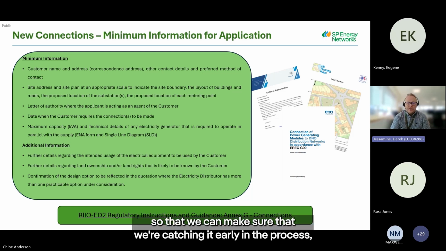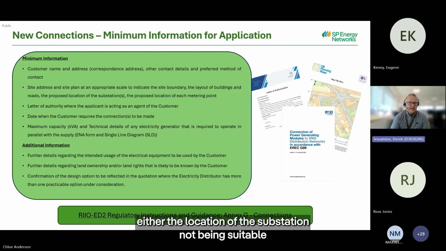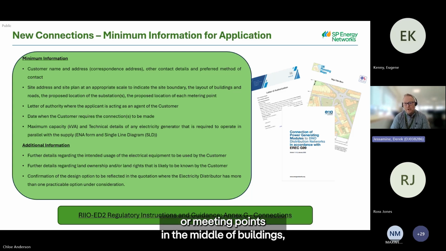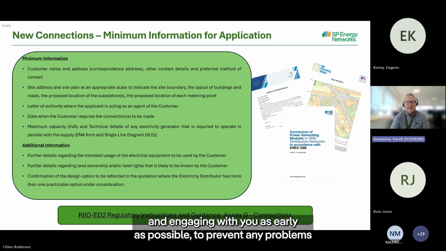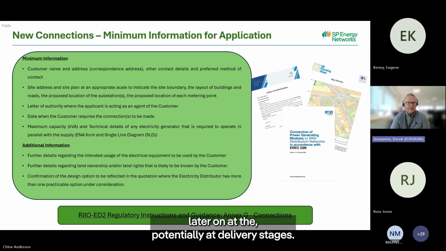That way we're catching it early if there are any challenges, either the location of the substation not being suitable or metering points in the middle of buildings, things like that, so that we can engage with you as early as possible to prevent any problems later on, potentially at delivery stages.